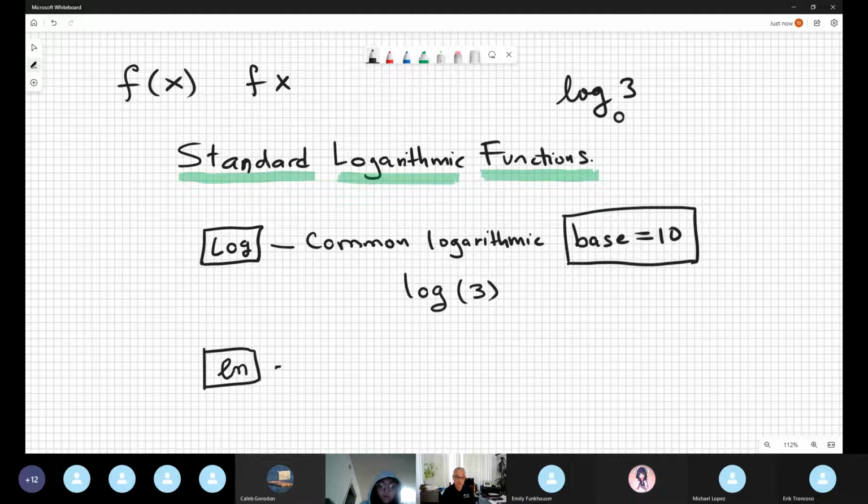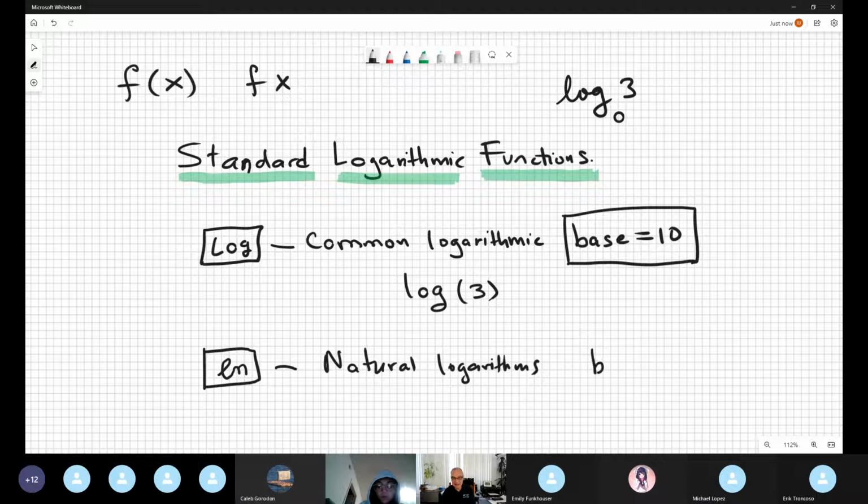And this common logarithm is applied in science, in physics, in chemistry, because it's easy to manipulate. However, in calculus, you apply the natural logarithm.